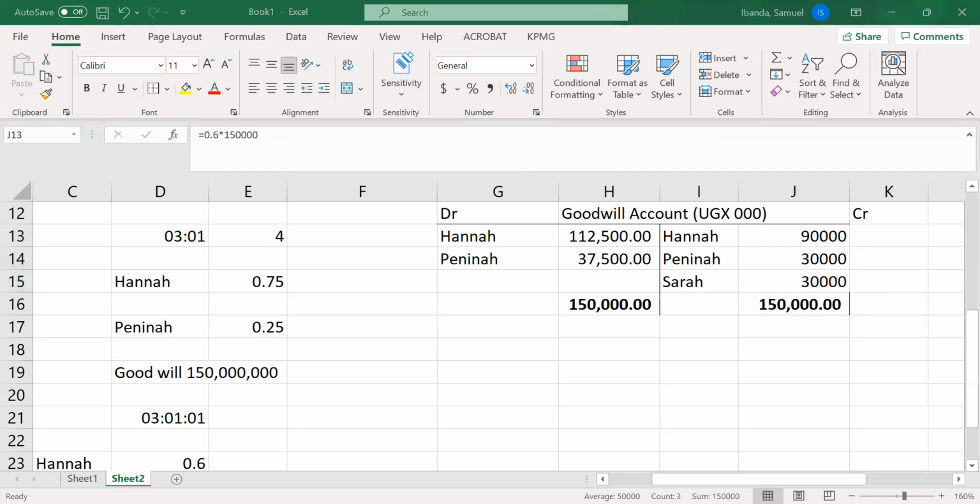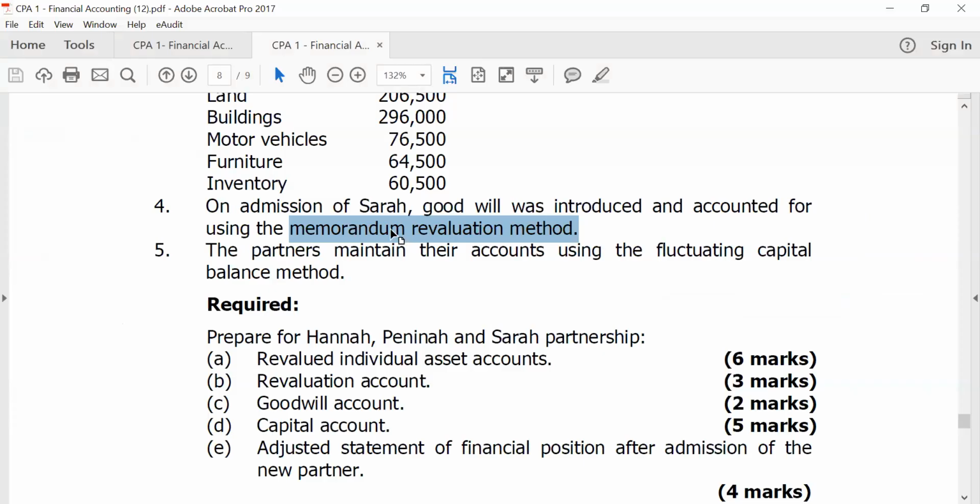If the examiner had talked about the revaluation method instead, then you would now have to think of it from the other perspective. But if it's the memorandum revaluation method, then you don't have the goodwill account, okay?